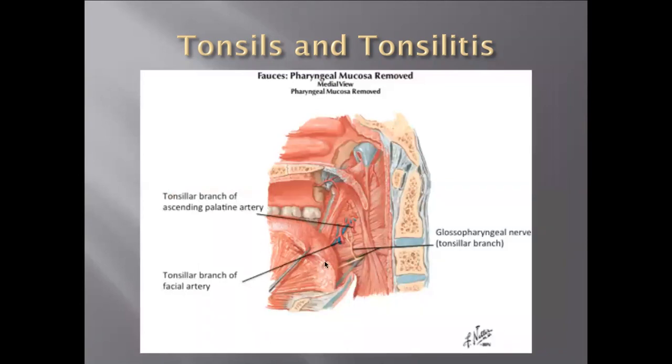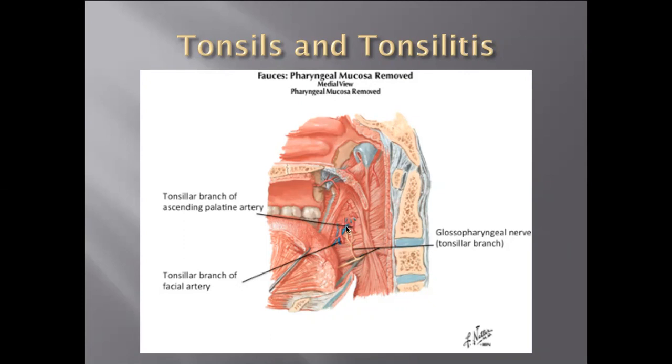So when you are removing the tonsils, what is there behind the tonsils? We have blood vessels: the tonsillar branch of the ascending palatine artery and the tonsillar branch of the facial artery are present deep to the tonsils. So before removing the tonsils, we have to ligate these blood vessels and then remove them. Otherwise, it might cause severe hemorrhage.